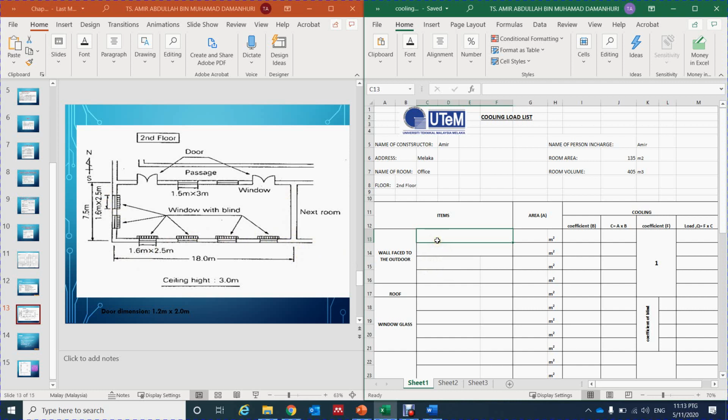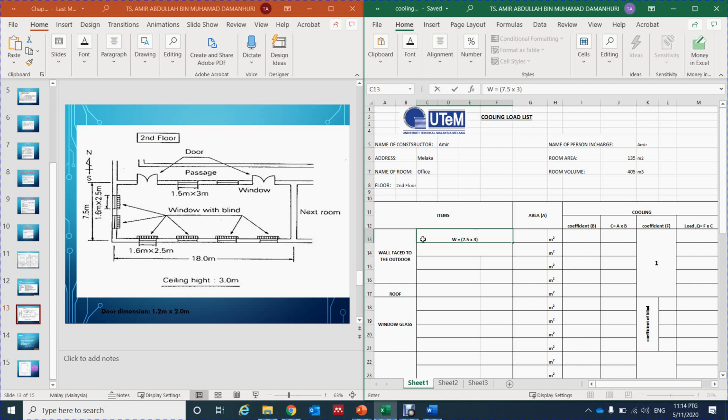So now either one you can choose, either you can start from the west side or from the south side. So this is the west, we can say it is from west. Usually I like to write like this. So the west is equal to what is the area of the wall, 7.5 times what is the ceiling height, it is 3 meter.